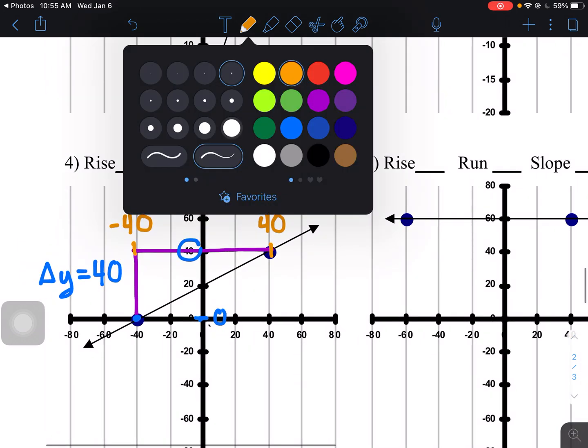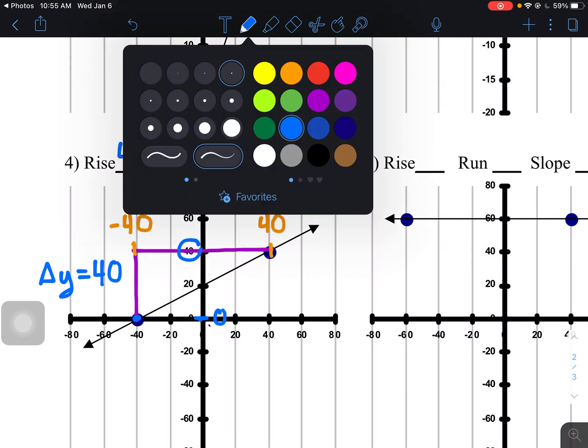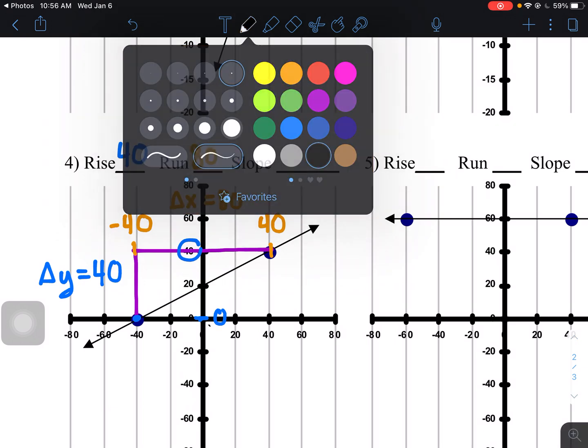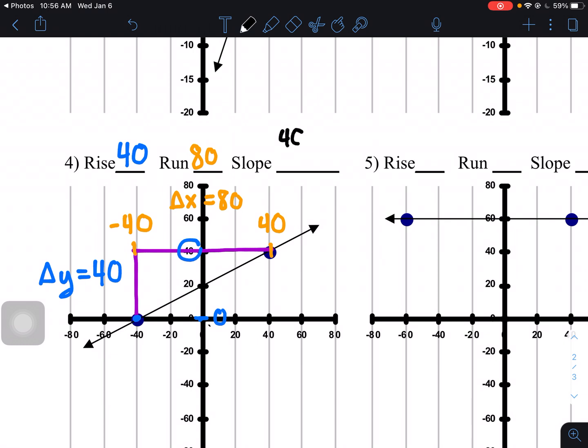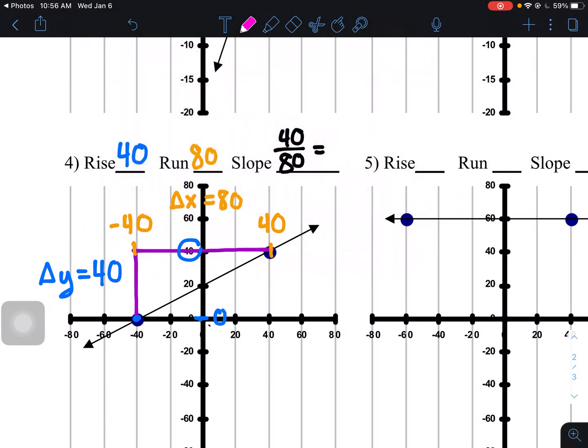So my rise is 40, and my run is 80. So my slope is 40 over 80. I can simplify that by dividing the top and bottom by 40, and I'll get 1 over 2.